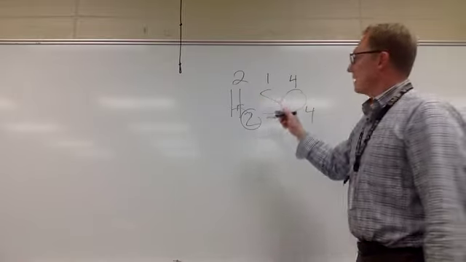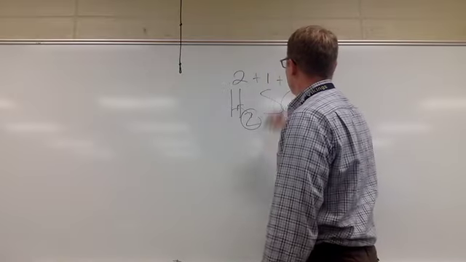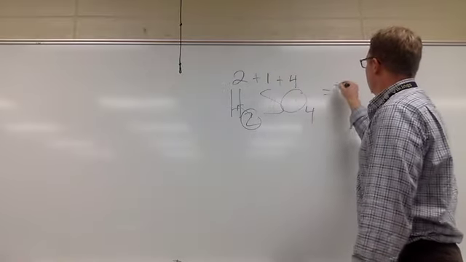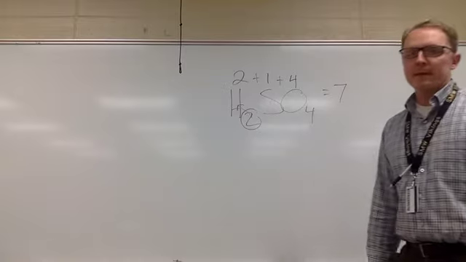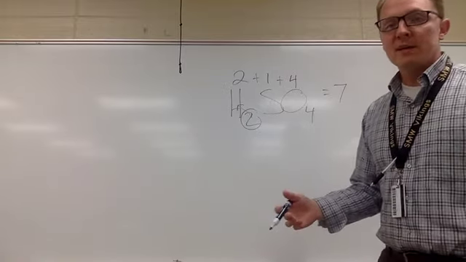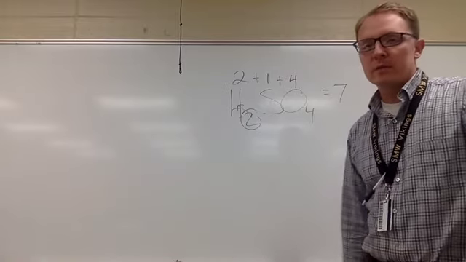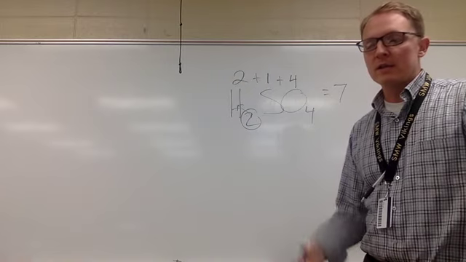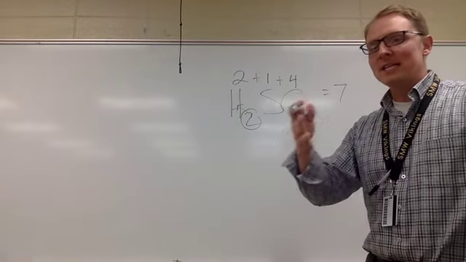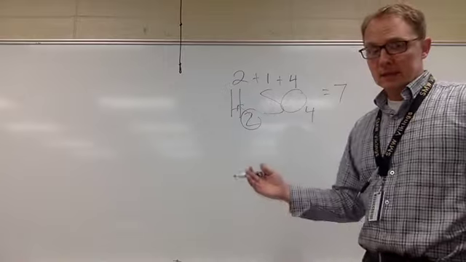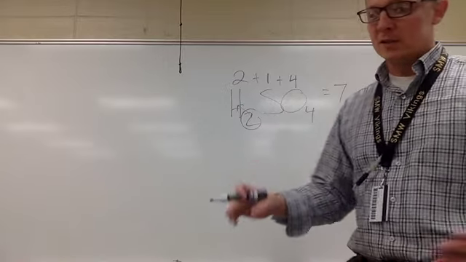Adding those up across the top, using the power of addition, we have a total of 7 atoms in the formula. Okay? Seems pretty basic, but this is a skill that you've got to have, especially when we get to balancing equations. You've got to know how to look at a formula and see the individual parts. All right? Let's kick into some more difficult ones.